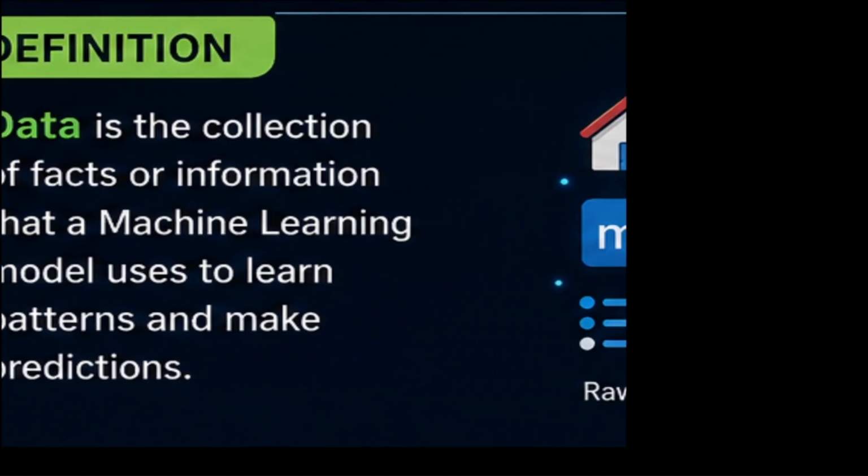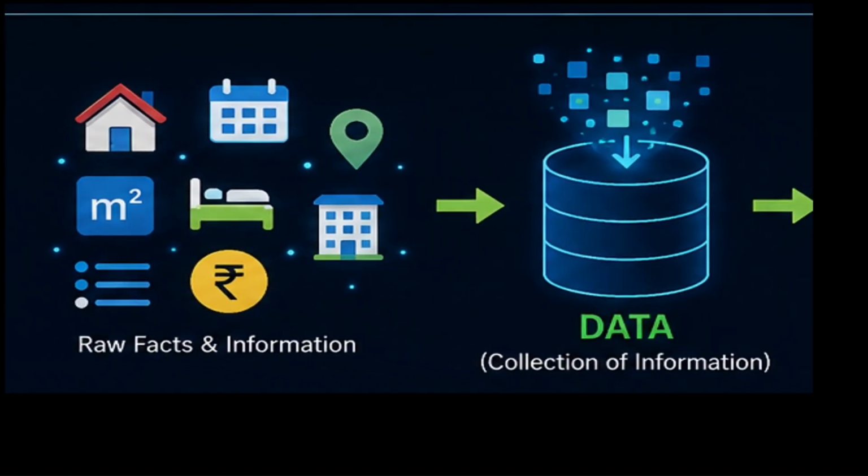Let's understand this with an example. Suppose I ask you to predict the price of a particular house. What information would you need? You may ask me, what is the size of the house, how many floors does it have, how many bedrooms are there, how old is the house, right? Where is the house located?